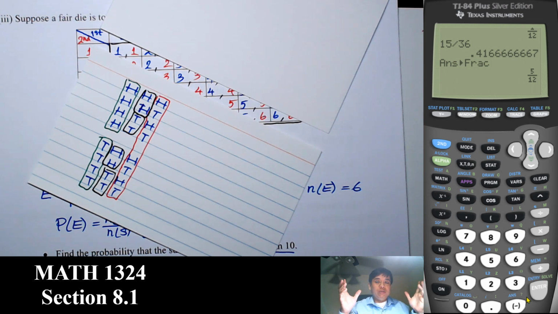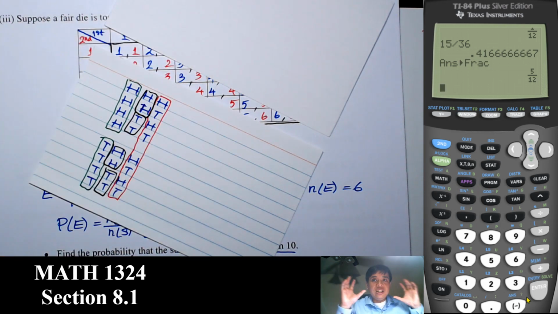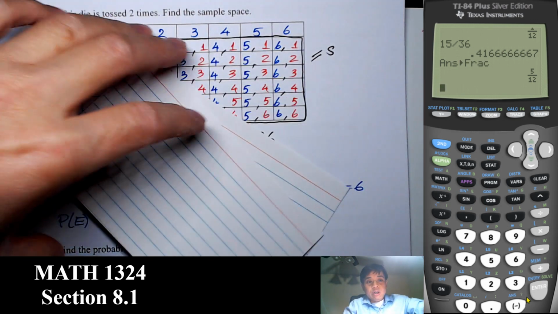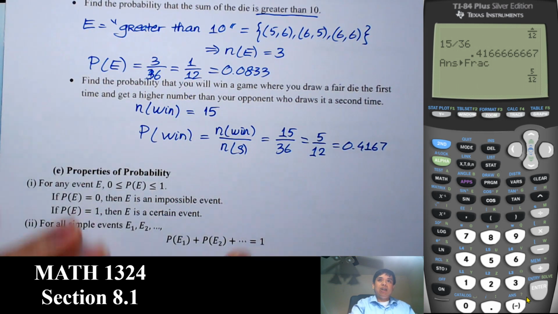So 36 total, take out the 6 that are draws, that leaves 30 outcomes. And of those, half will be winning and half will be losing. So 36 total, subtract 6 that are tied, 30 left, half of them is 15, so 15 outcomes where you win and 15 where you lose, over 36 total.